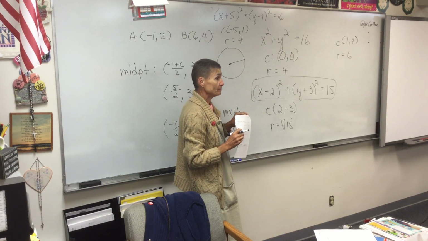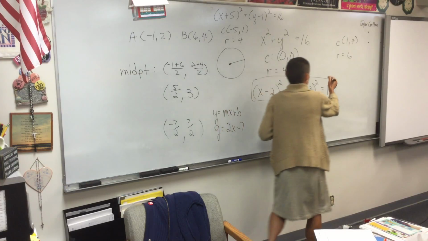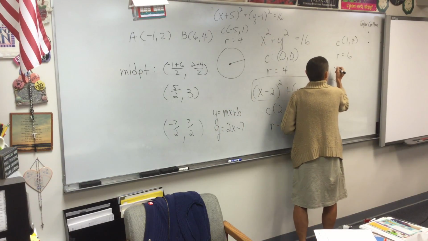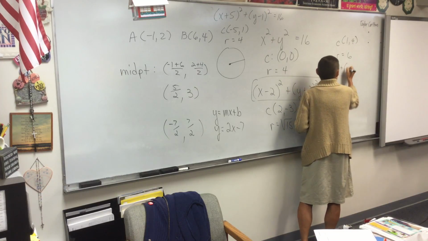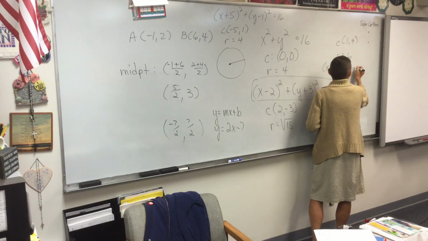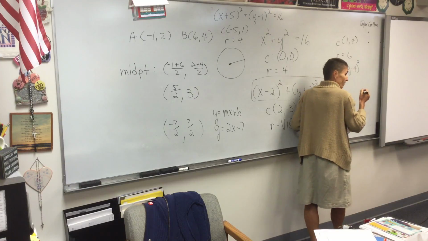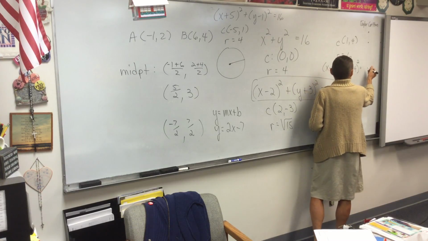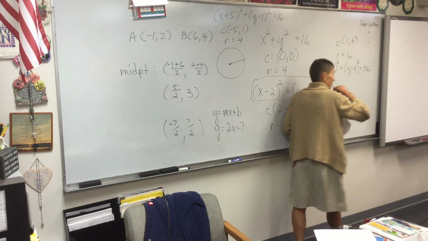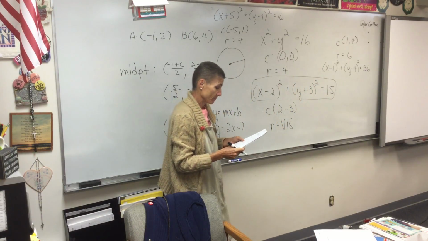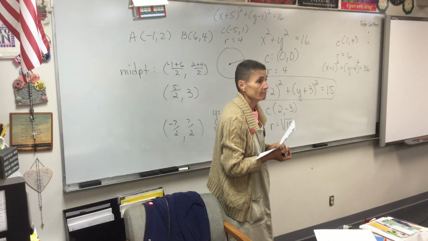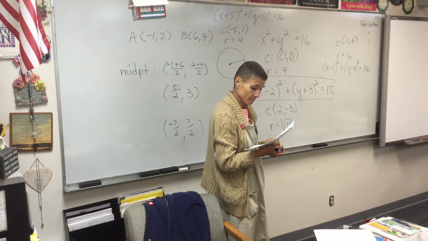Can you do that? What's it going to look like? X minus 1, very good, squared, don't forget the square, plus y minus 4, very good, squared, equals 36. Perfect. Do B. 5B.